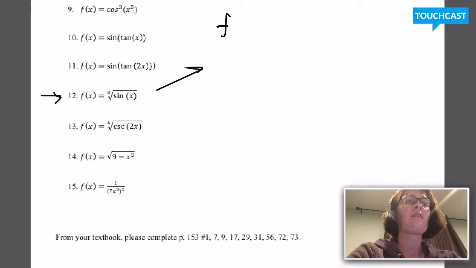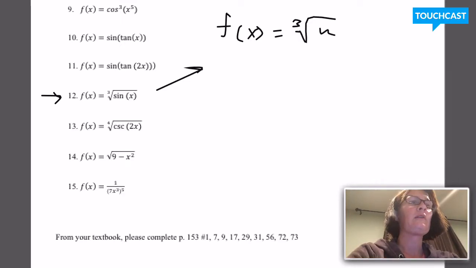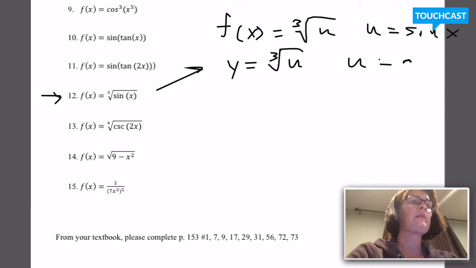So I'm going to think of this as f of x is the cube root of u, and u equals sine of x. So now I have y is the cube root of u, and u is sine x.